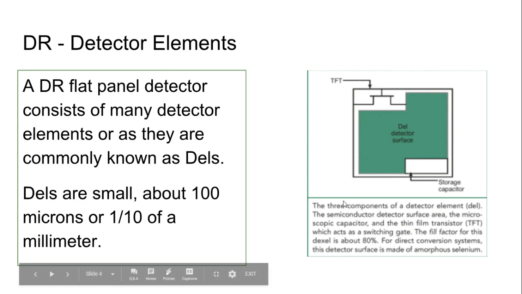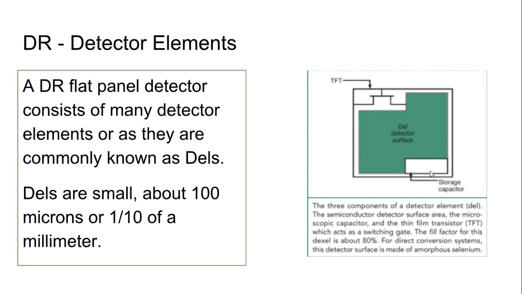That's up at the top over here. We'll talk more about these as we go through the lecture. You have a storage capacitor, right? That is a bucket for electrical charges. But by far, the largest section of the DEL is the detector surface.